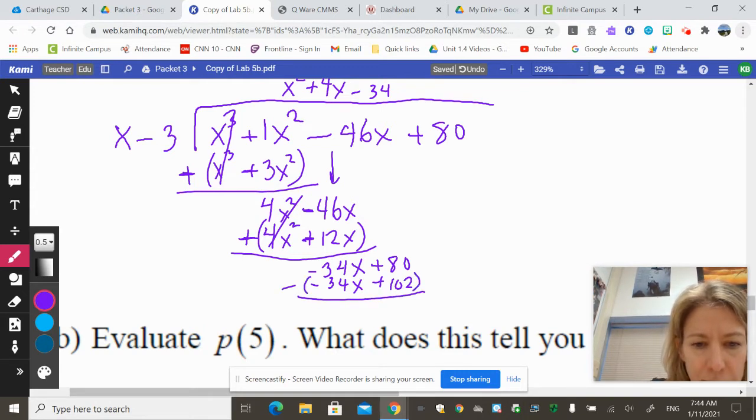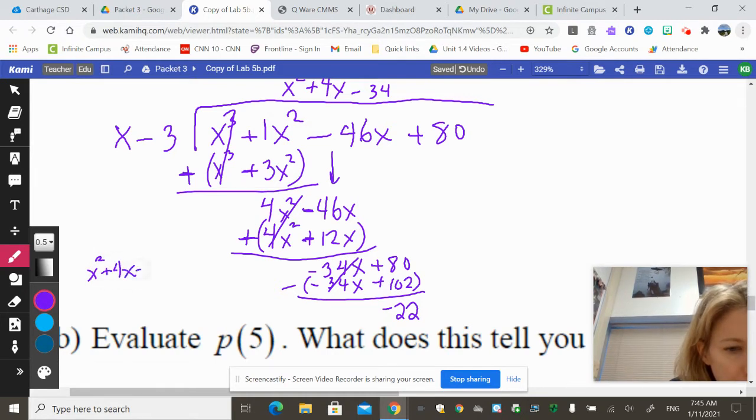I'm subtracting these, so first terms cancel, and 80 minus 102 is negative 22. I'm writing my answer in quotient remainder form. My quotient is x squared plus 4x minus 34. And then since it's a negative remainder, I can just put minus down here, and then 22 over my divisor, x minus 3.